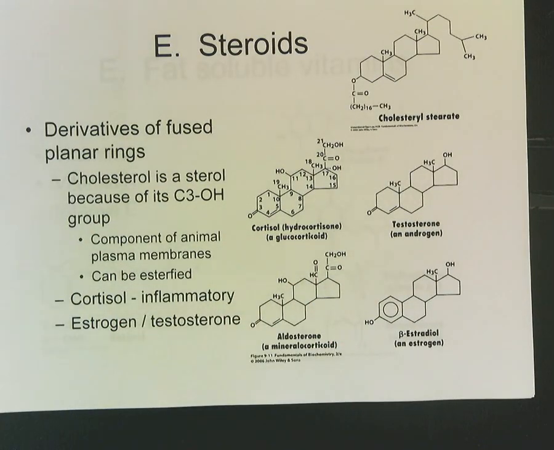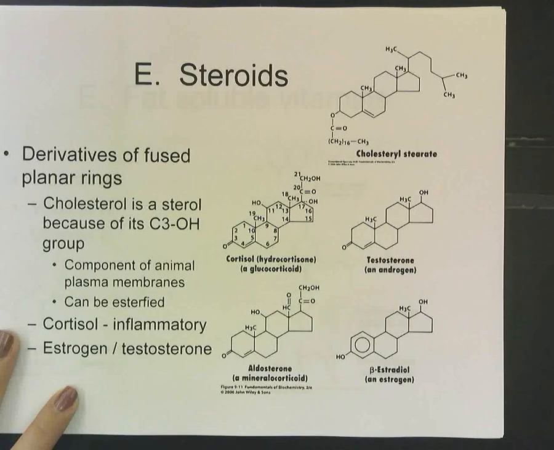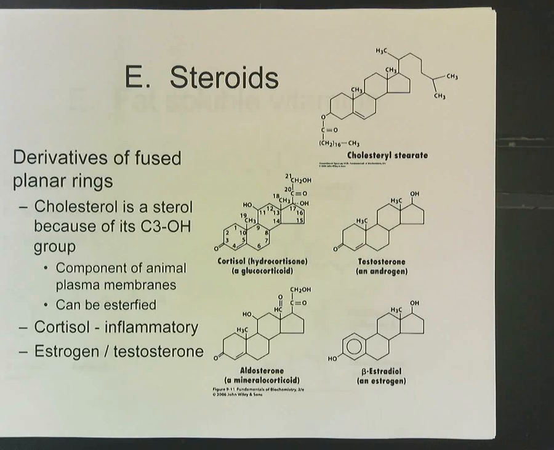Another great class would be talking about steroids, but I'm not going to do that all today. So steroids are derivatives of fused planar rings. So they fall into the category of fatty acids, but looking at any of them, do they look like all the other fatty acids that we've looked at?